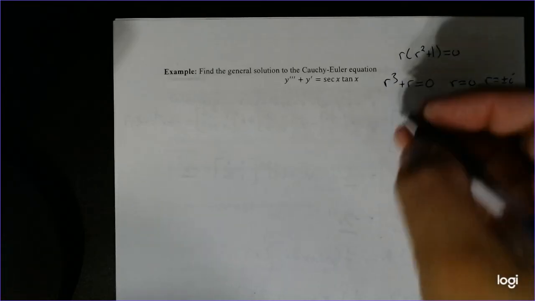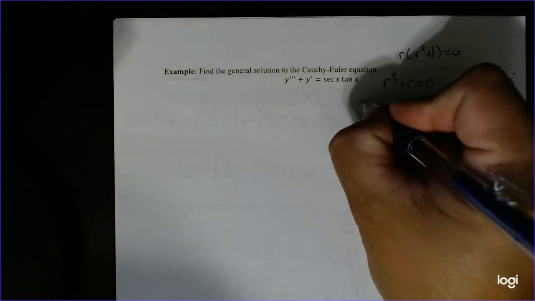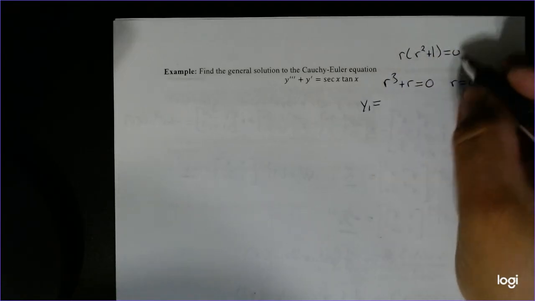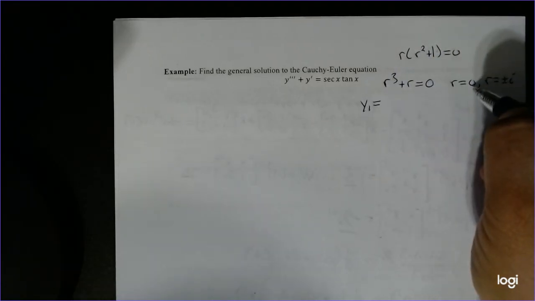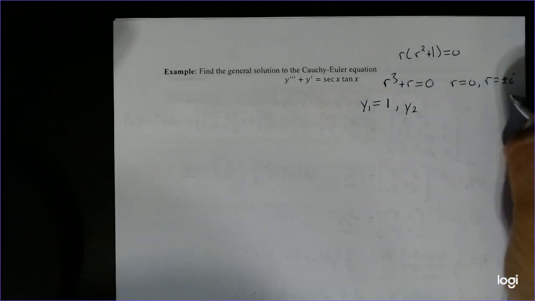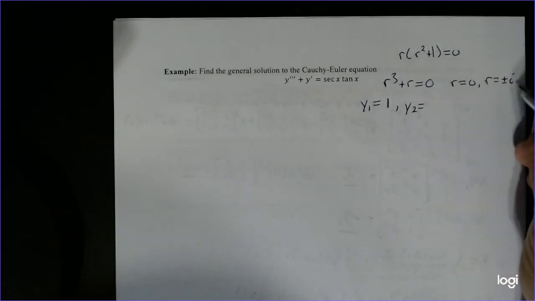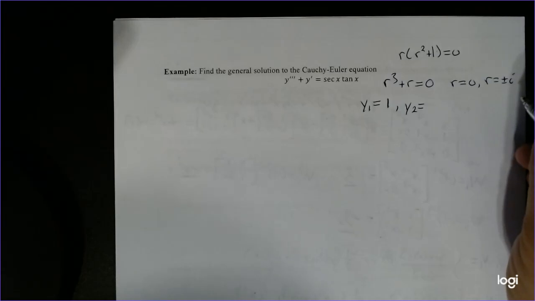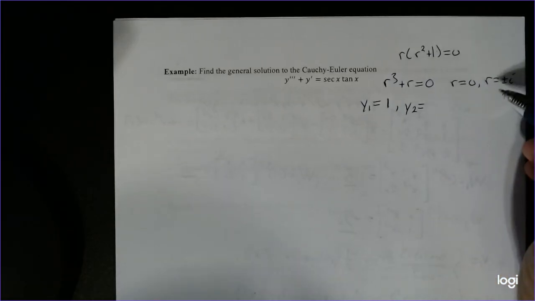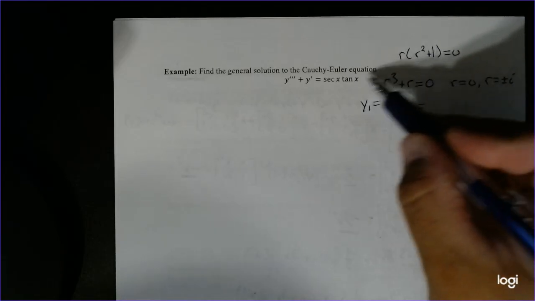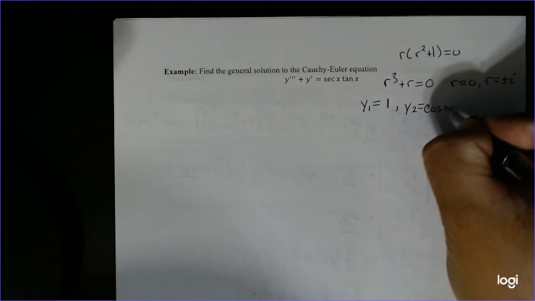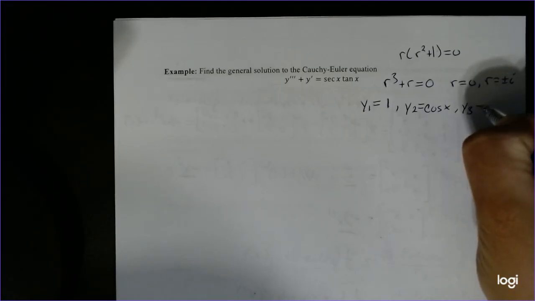Okay. So in that case, our first solution is going to be e to the 0x, so just 1. And then the next two are going to be cosine and sine because it's imaginary. So again, r is 0 in this case, so we're just going to have cosine x and sine x.